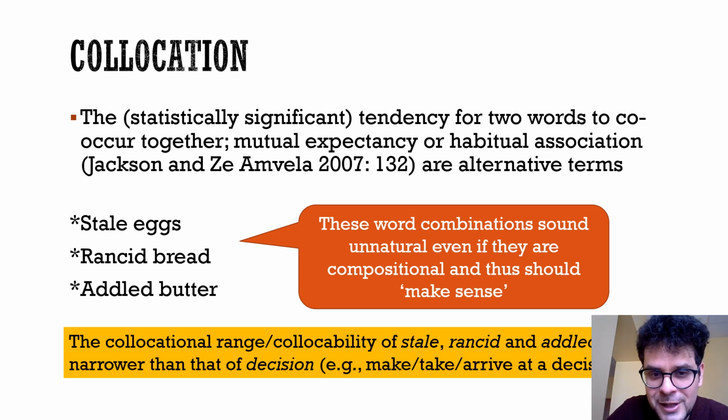So not all collocations show the same strength of bond between the two elements. Okay. So in other words, they can be more or less fixed. To make a decision is not super fixed because we can replace it with to take a decision. However, rancid butter is pretty much fixed. You can learn it as an expression on its own.